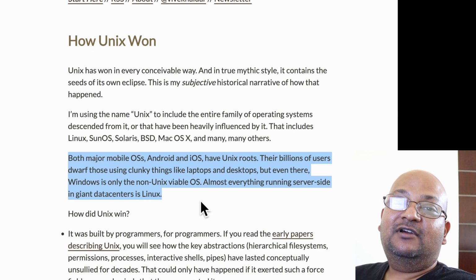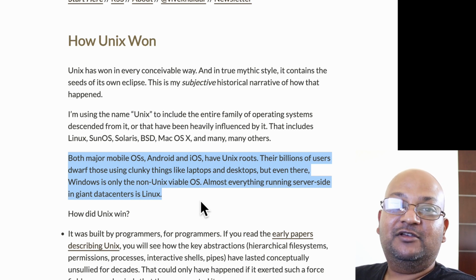And then if you look at everything in data centers, everything in the cloud, on the server side, the vast majority of that is Linux. On the desktop, about the only non-Unix operating system that is viable and common is, of course, Windows. But everything else pretty much is some form of Unix.